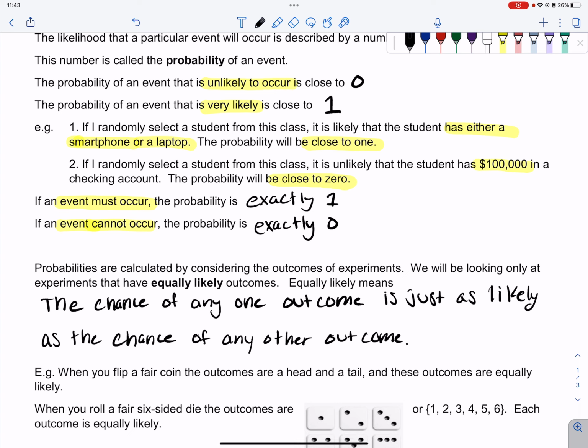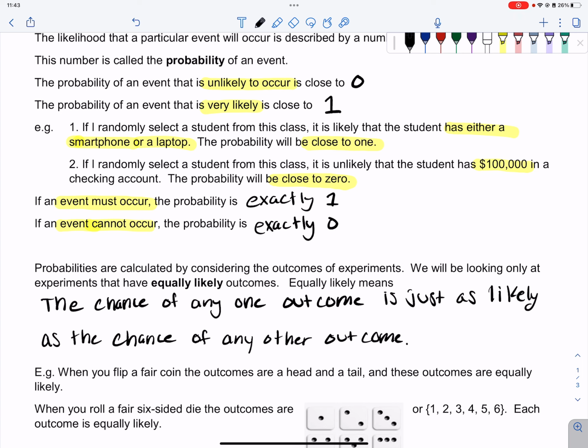Essentially, if we think of this with a coin, a fair coin means that you have just as likely of a chance of getting heads as the tails. We're only going to be looking at fair coins. We're not looking at cases where maybe someone has made a coin to have it be weighted a certain way, so it almost always lands on heads or something like that. We're not looking at those.